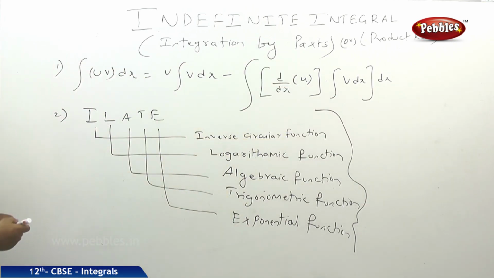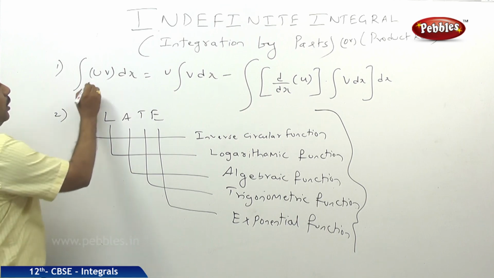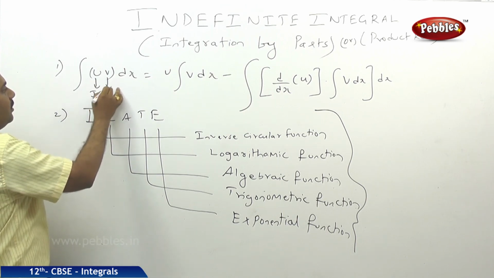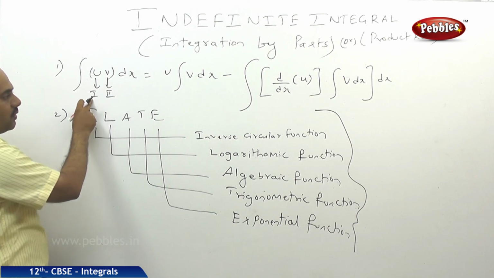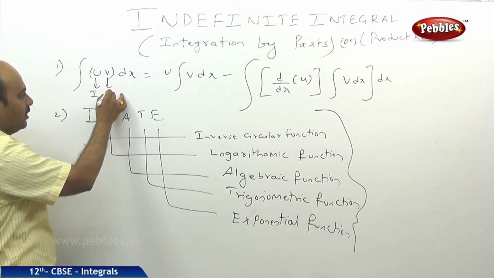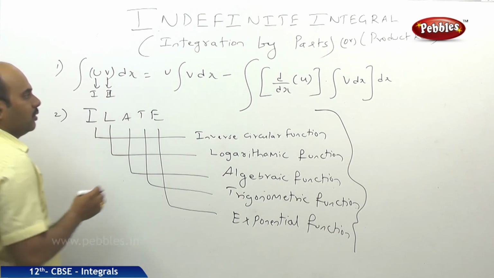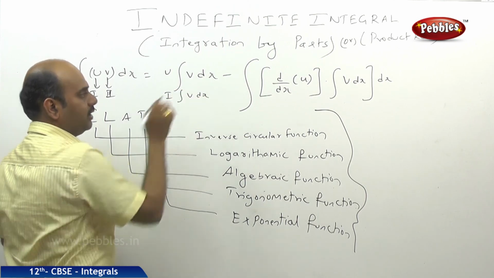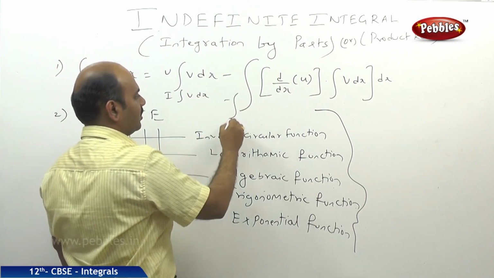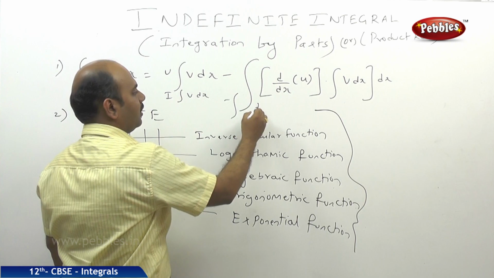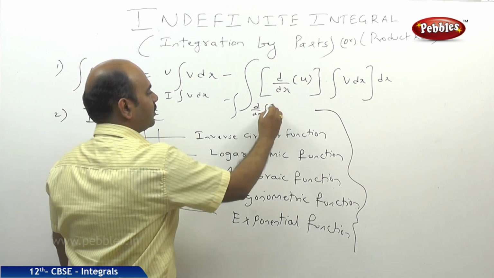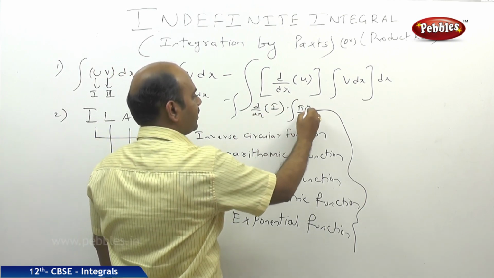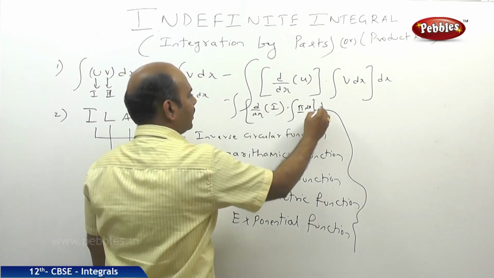Or sometimes most of the teachers might be telling like this. This one, u, I will call the first function, v I will call the second function. So first function into integral of v dx minus integral of derivative of the first function into integral of the second function, outside there will be dx.